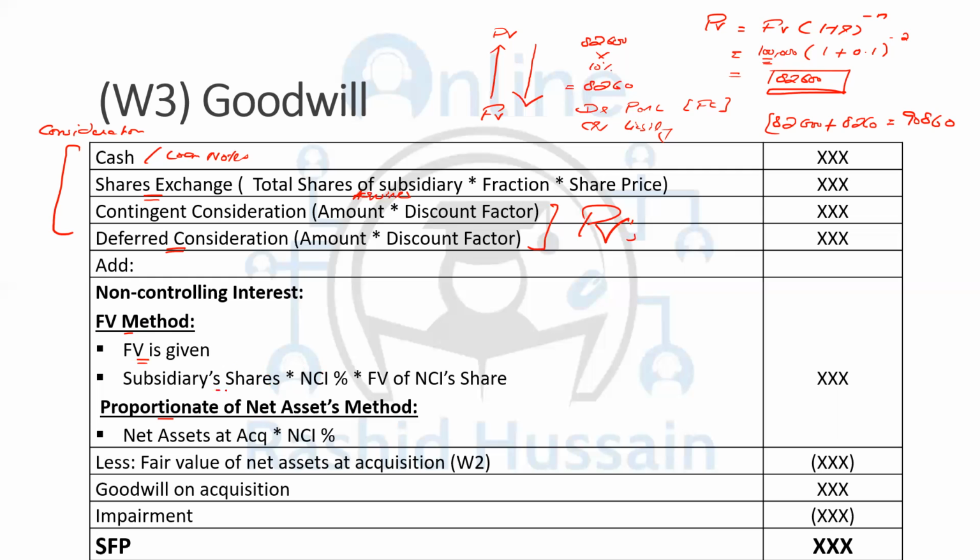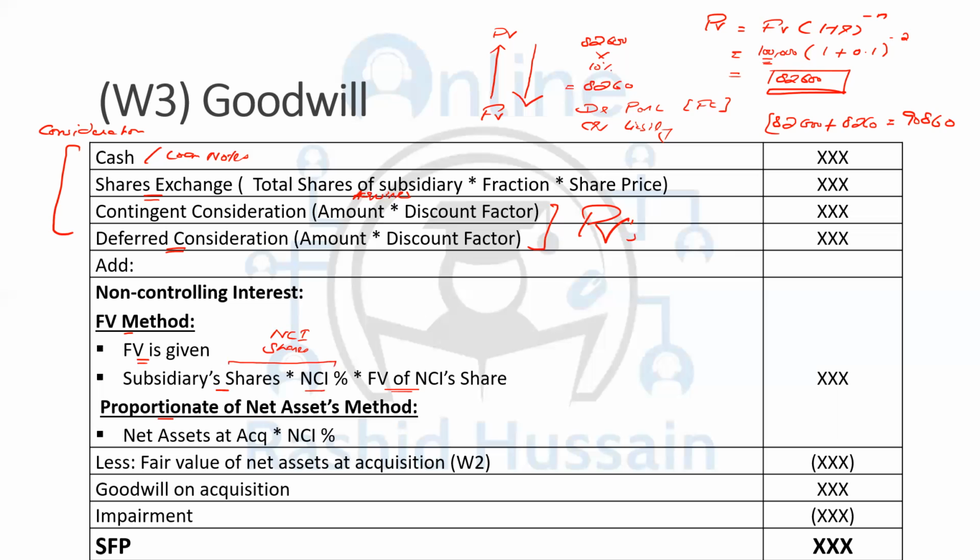How can we calculate it? Take the subsidiary shares and multiply by the NCI percentage. You get the NCI shares, the number of shares the NCI has in the subsidiary. Then you multiply it by the fair value of the NCI share, and you will get the fair value figure.